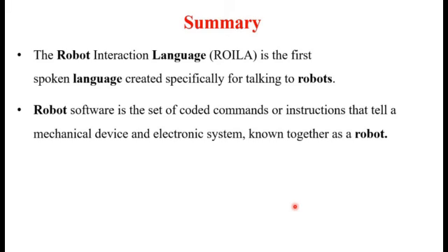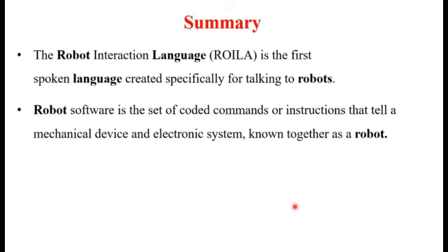Now finally we will see the robot interaction language, that is Roelia, the first spoken language created specifically for talking to robots. Robot software is the set of coded commands or instructions that tell a mechanical device and electronic system what to do.